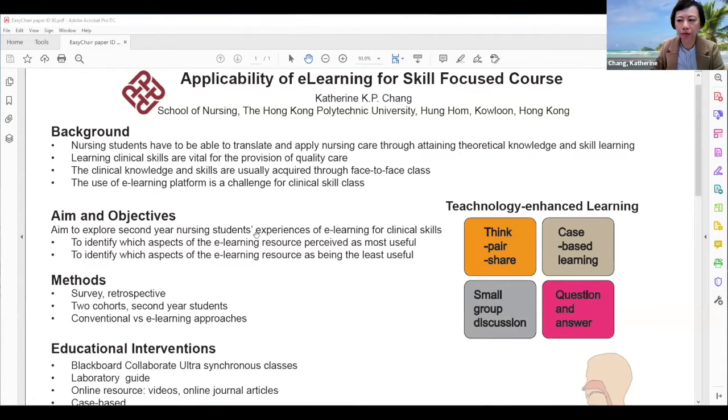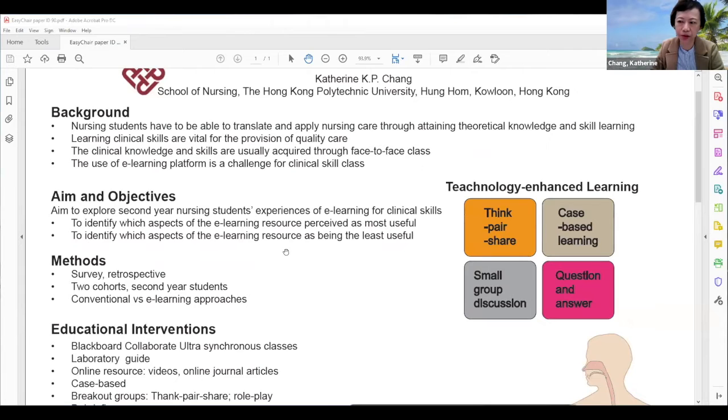Conventionally, the standard delivery of skills learning was conducted through face-to-face lectures and laboratory practice sessions. The usual time provided for the laboratory sessions was 2 hours for the second year nursing students. The laboratory guide was provided before the session.